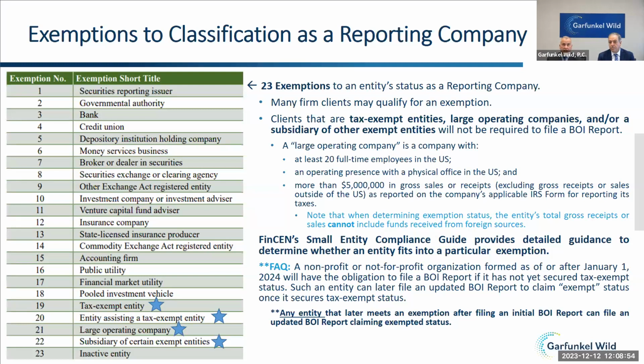You at that point must satisfy your filing requirements under a Federal Form 1023 if you want to be a tax exempt charitable organization, or a Federal Form 1024 if you want to be another type of tax exempt organization other than a 501(c)(3). So albeit your goal may be to become a tax exempt charitable organization, you start off as a nonprofit or not-for-profit, which will then trigger the obligation to file a BOI report.